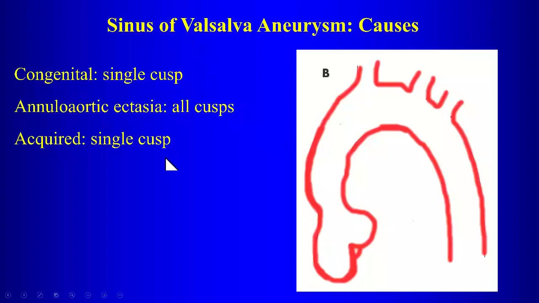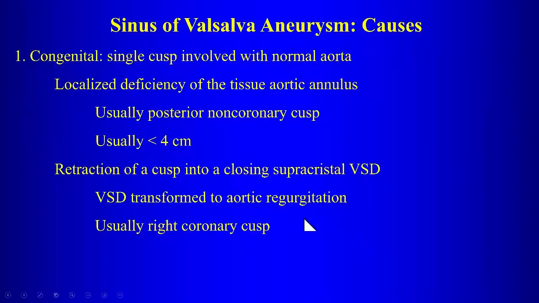Acquired sinus of Valsalva aneurysms usually affect a single cusp as well. For congenital aneurysms affecting a single cusp, this could be from localized deficiency of the tissues of the aortic annulus, can involve the posterior non-coronary cusp, usually less than 4 centimeters, and these can also be associated with ventricular septal defects.